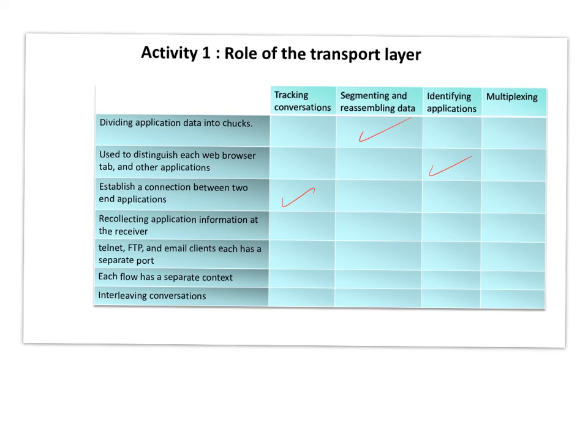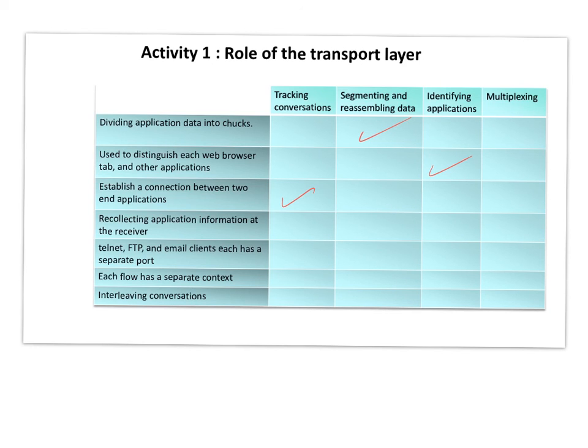But when we say establish connection, this means that we have to establish the connection first before we communicate something, which implies that all transport layer protocols are connection oriented, which is not true. Because we have TCP, connection oriented, and UDP, which is connectionless. But UDP still maintains conversation, but not through establishing a connection. Remember? So that's why we say conversation. We can say provide communication between two end applications, that's also possible. But we cannot say provide or establish connection, because this implies that all transport layer protocols are connection oriented, which is not true.